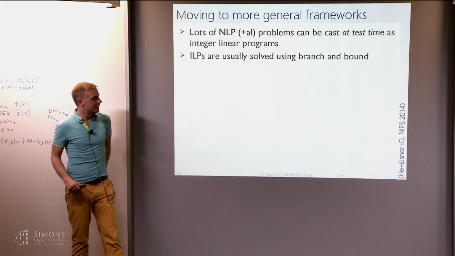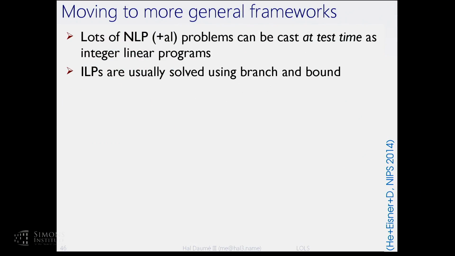Okay, so I told you this story for dependency parsing, but you can actually do this for almost any algorithm where you have some prediction task that's making internal decisions that you want to control. So we also did this for ILPs. A lot of structured prediction problems you can write down as integer linear programs, or actually probably all of them you can write down as integer linear programs.